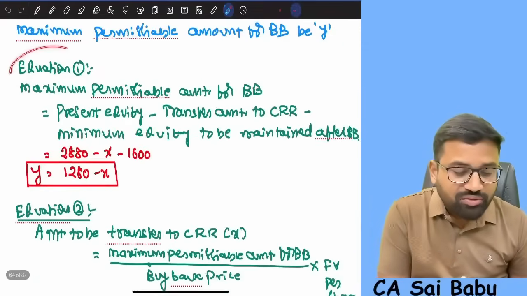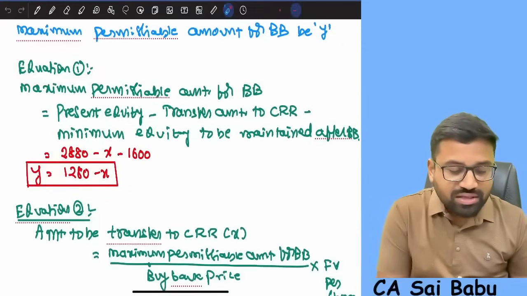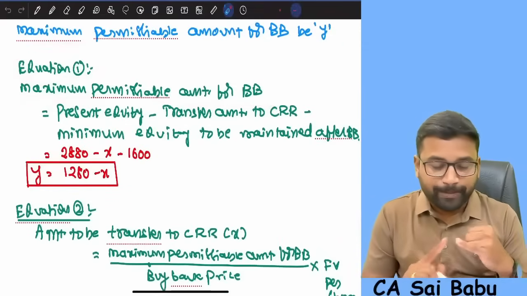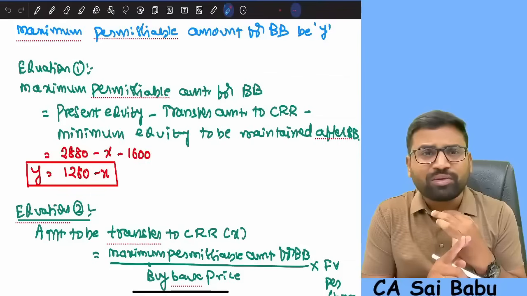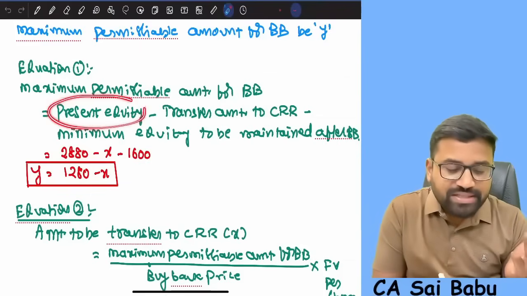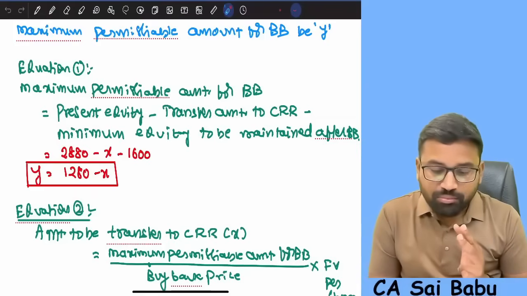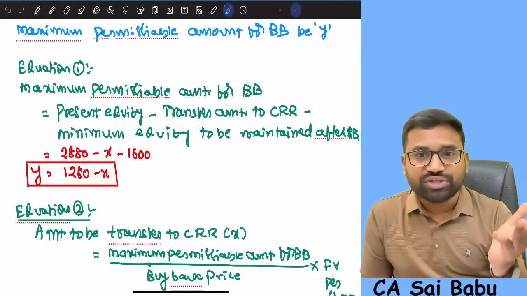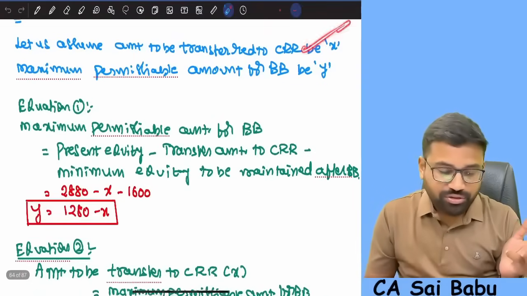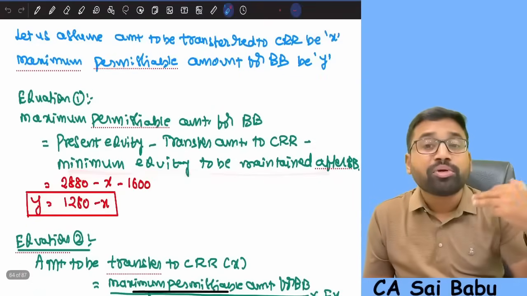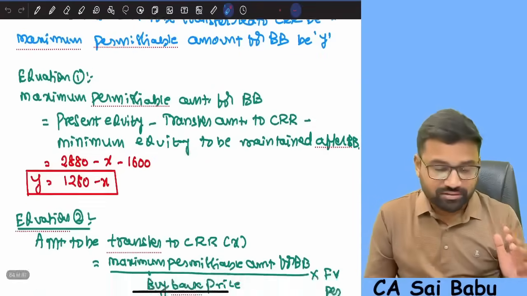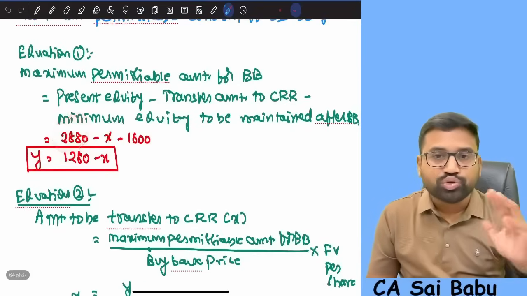Now I am framing equation number 1. Equation number 1 is the maximum permissible amount for buyback. How do you find it out? Take present equity 2,880, minus the amount to be transferred to CRR, X, which we assumed, minus the minimum equity to be maintained after buyback, 1,600. So your present equity is 2,880.